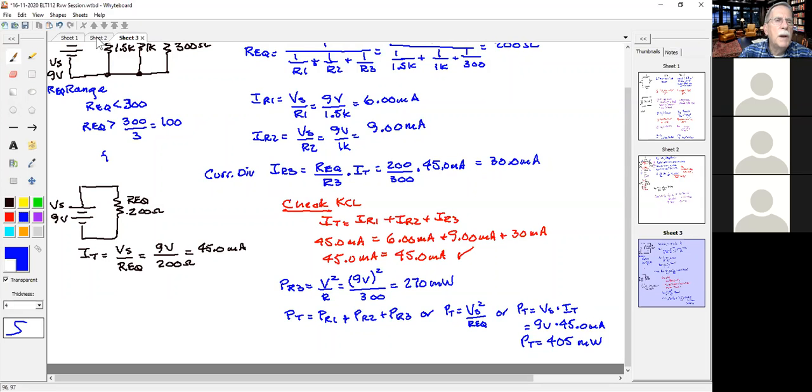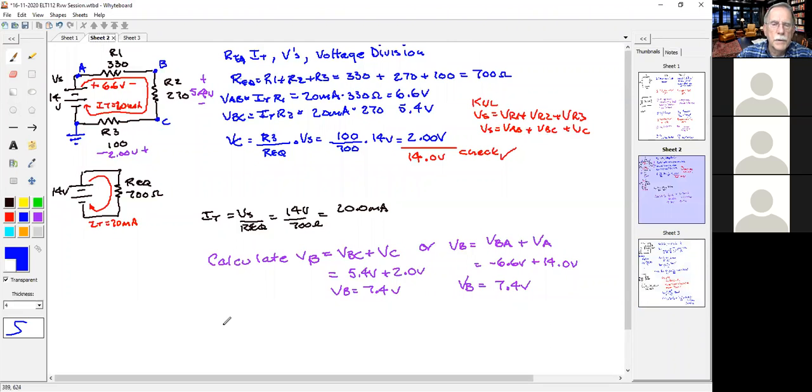If I go back to the series one and calculate some powers, let's say I wanted to calculate P sub R2. Now I have no choice. If I use V squared over R, I'm using a calculated voltage. If I use I squared R, I'm using a calculated IT value.